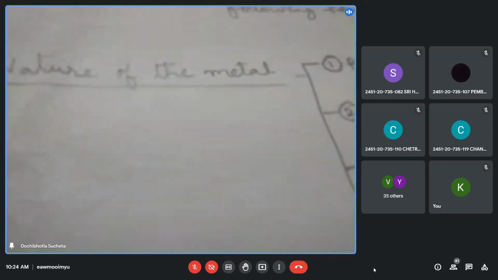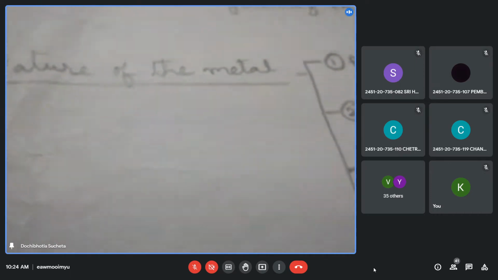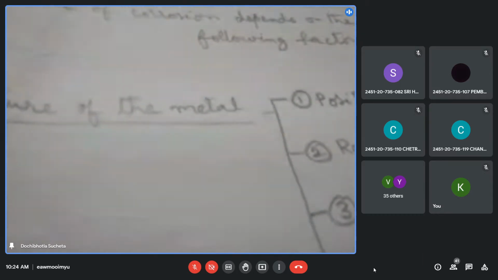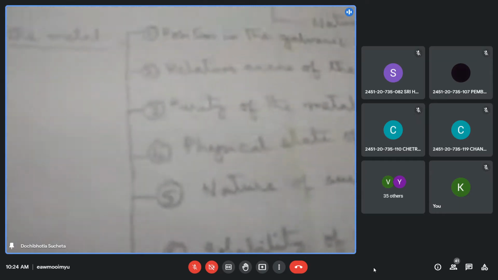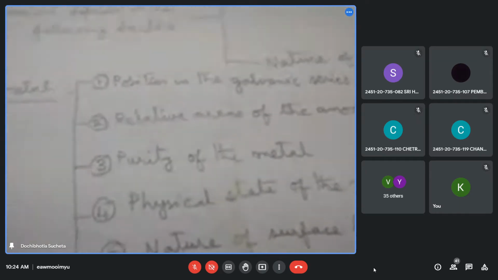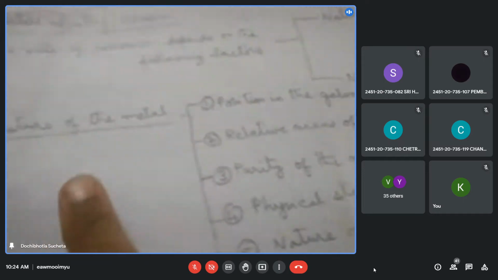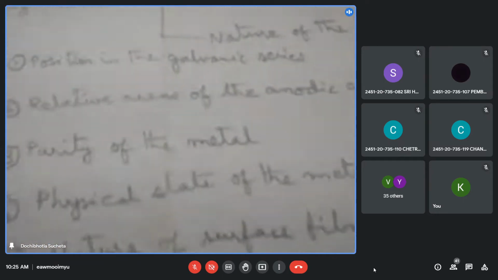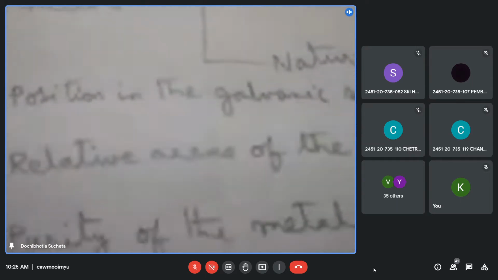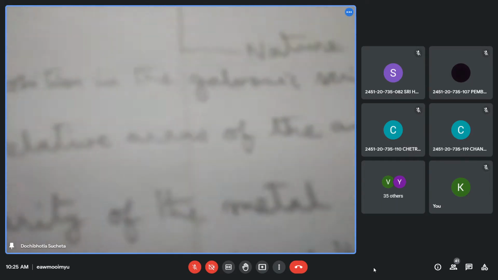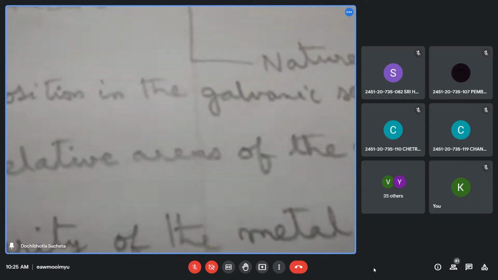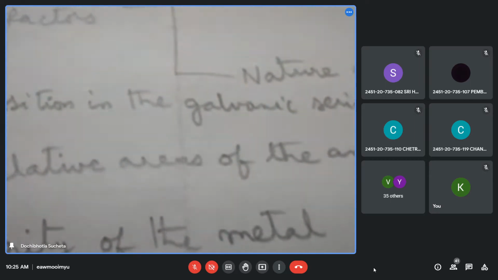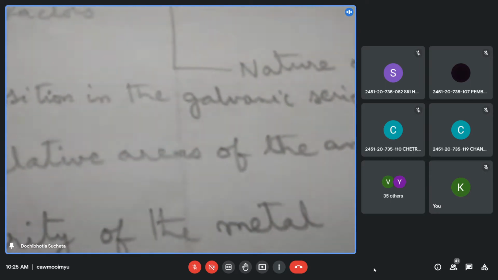If you peep into the textbook, you'll find many more, but I have avoided all those and taken only these 6. Under nature of metal, what are the 6 possibilities? The first one is position in galvanic series.